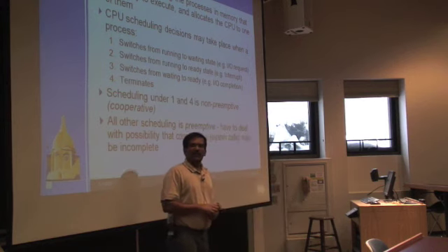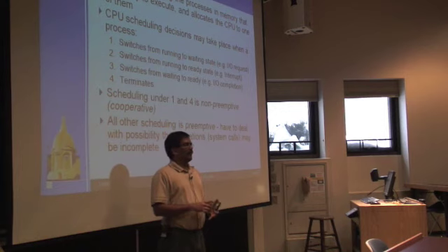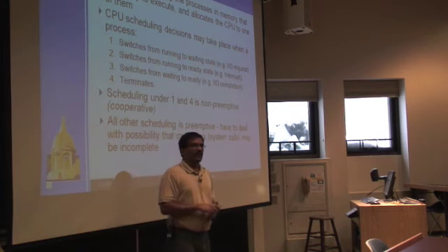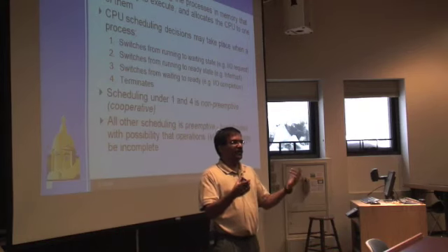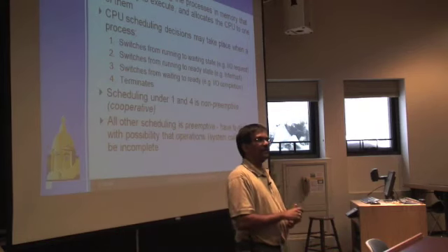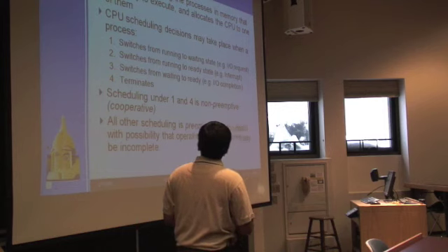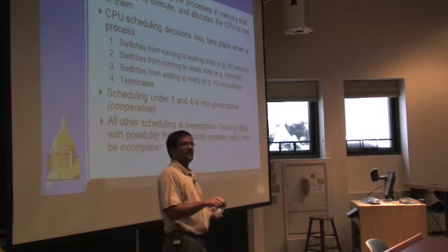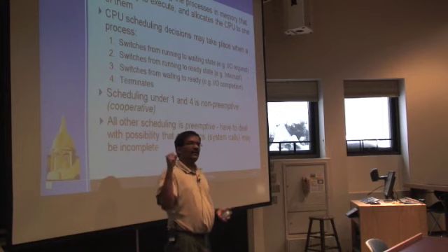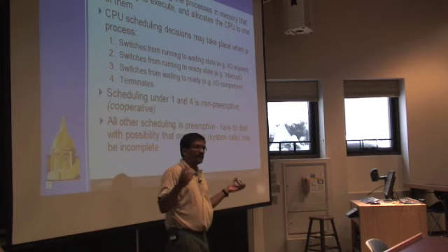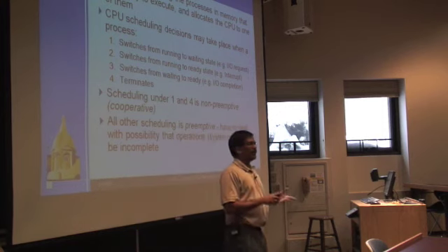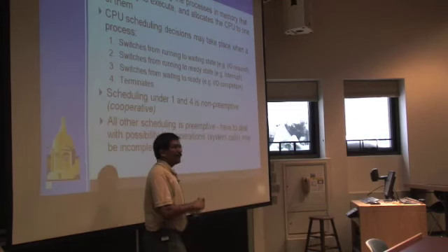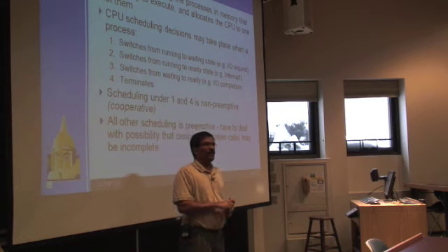You can't do anything with the CPU even if I gave it to you. Those are called non-preemptive because you were voluntarily surrendering it. And case 4 is terminates. If your process calls exit, at that point, after you exit, I take the CPU from you. You won't notice because your process is terminating anyway. So you're fine.